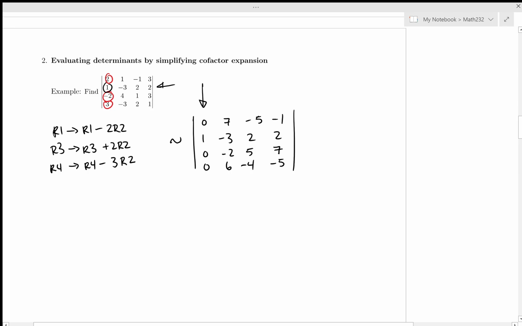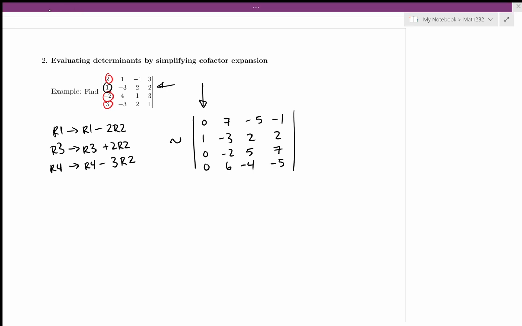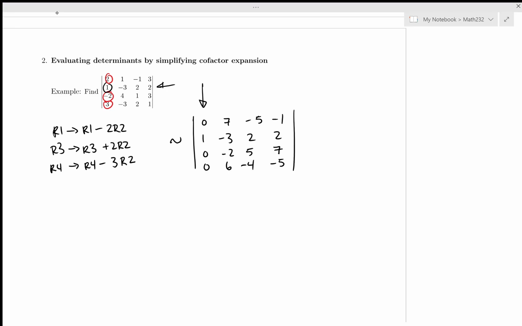Now I'm going to do the cofactor expansion on that column. I'm going to recognize that this entry is in a position where it's negative, so that I'm doing the cofactor expansion properly down that first column.